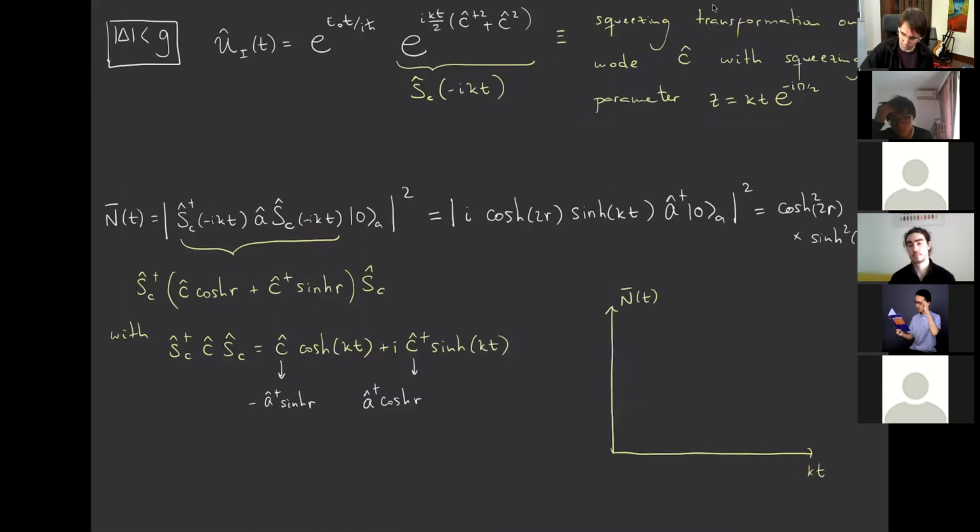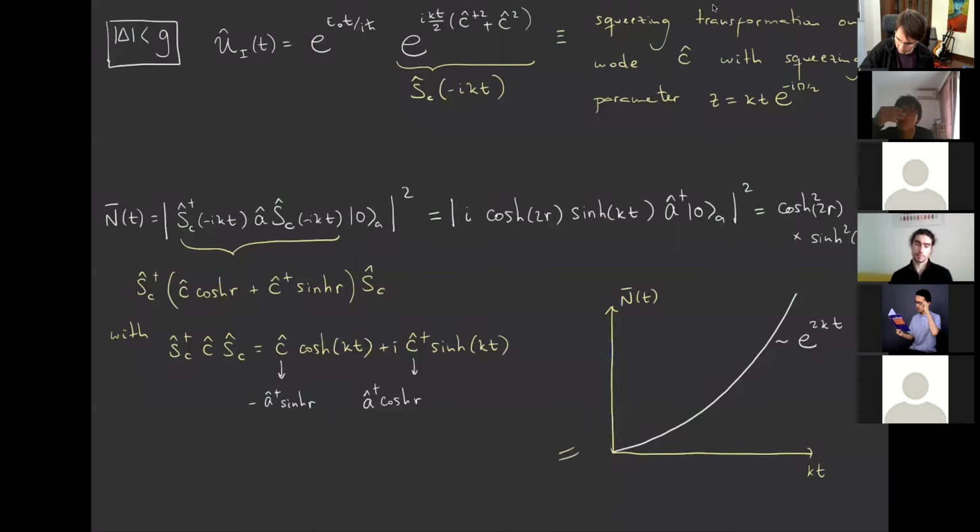If we make the plot of photon number against kappa t, we will just have something that increases, and it increases exponentially as 2 kappa t, because the hyperbolic sine square increases for time larger than 1 over kappa as e to the 2 kappa t.